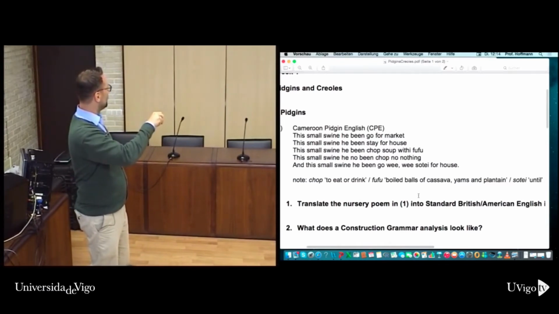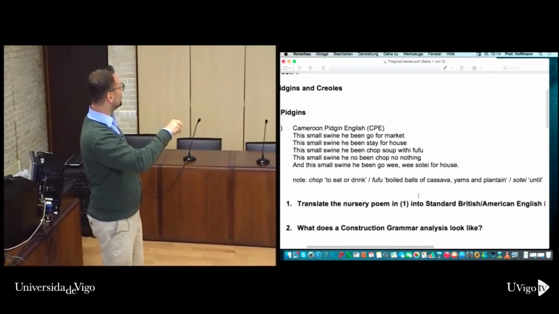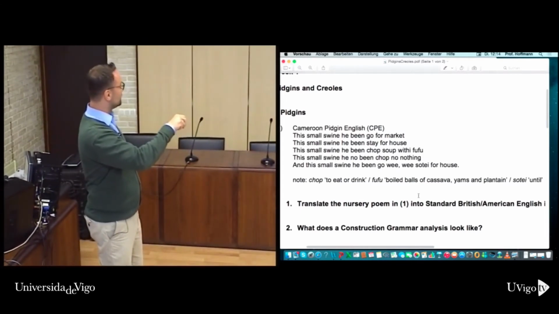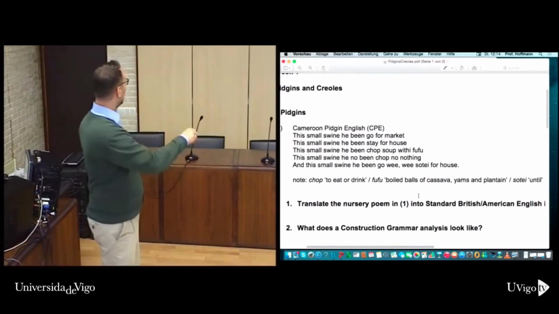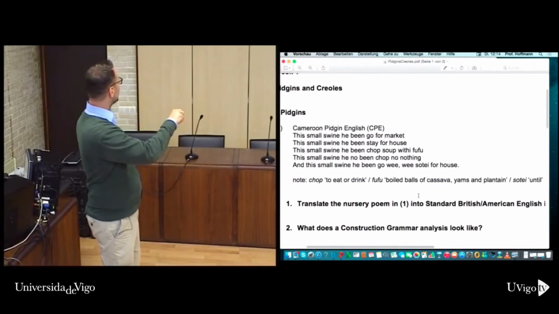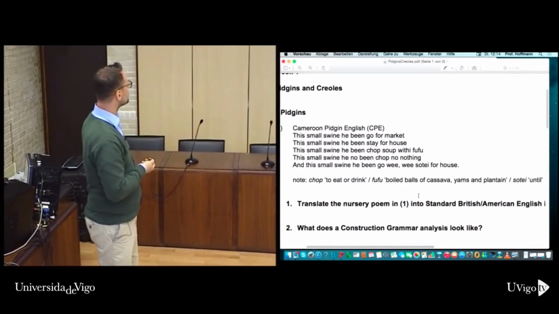This little piggy cooked something, and here you see chop means to eat or drink. That's a local term, and soup with the fufu, boiled balls of cassava, yams, and plantain. So don't say I'm not teaching you new stuff. And then you get this little piggy, he didn't do nothing, or he didn't cook anything.